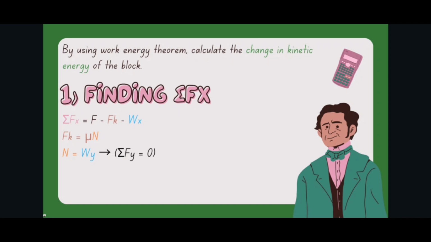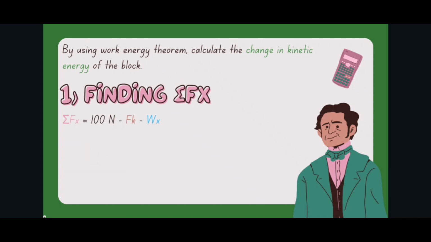If we rewrite that, we get N equals Wy. To find Wy, we will use the equation Wy equals W cos theta, where theta is the angle of inclination. Wx is calculated with the formula W sine theta, and again theta is the angle of inclination.